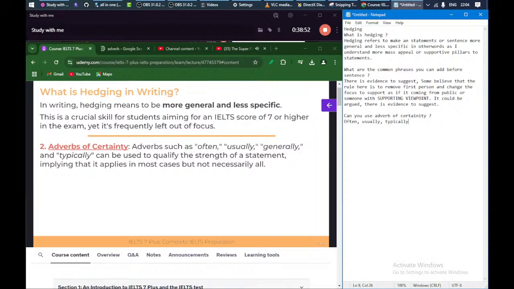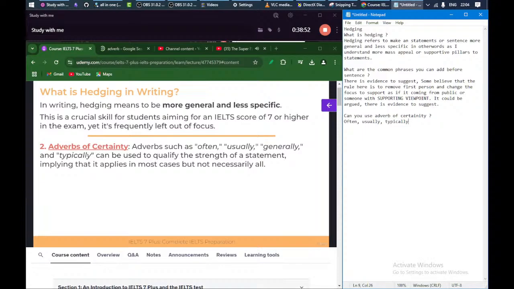Online shopping generally offers convenience and a wide range of options for consumers. So again, using these adverbs to be less specific and show more of a balanced perspective also. It doesn't always offer convenience, but it generally does.